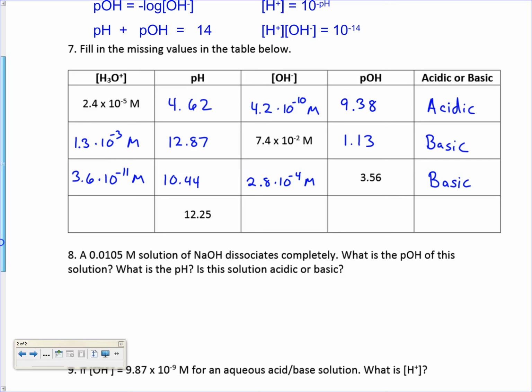All right, last row, we're given pH. You can calculate pOH from this. 14 minus 12.25 gives you 1.75 for the pOH. And then we just take 10 to the negative power of these to get their different concentration parts. So H3O, that's 10 to the negative 12.25. For that, you should get 5.6 times 10 to the negative 13.